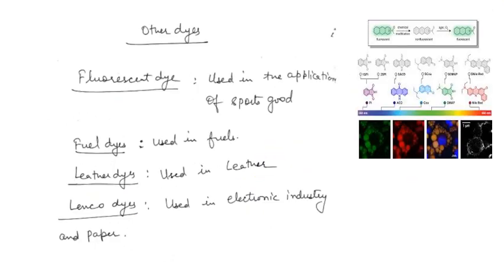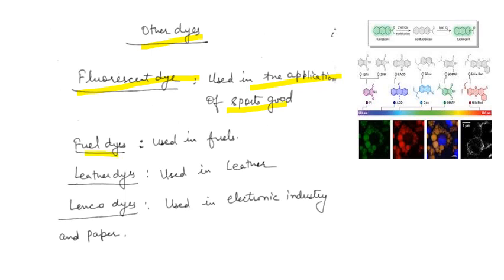Now, on the basis of application, we can have other dyes. One of the dyes you can see here is the fluorescent dye, which gives an important color, mainly used in the application of sports goods. So it has a specific application where it is used.